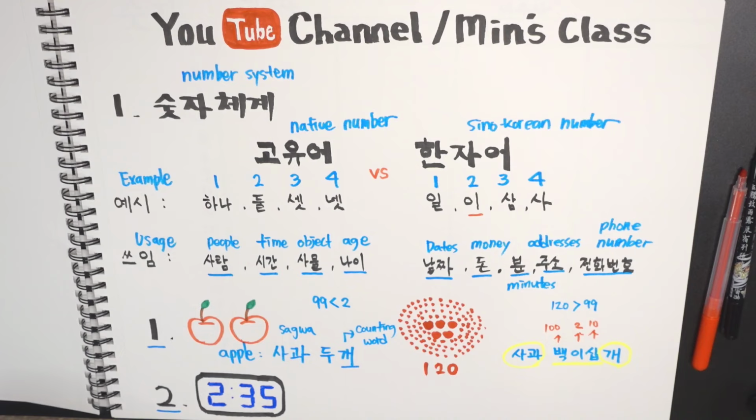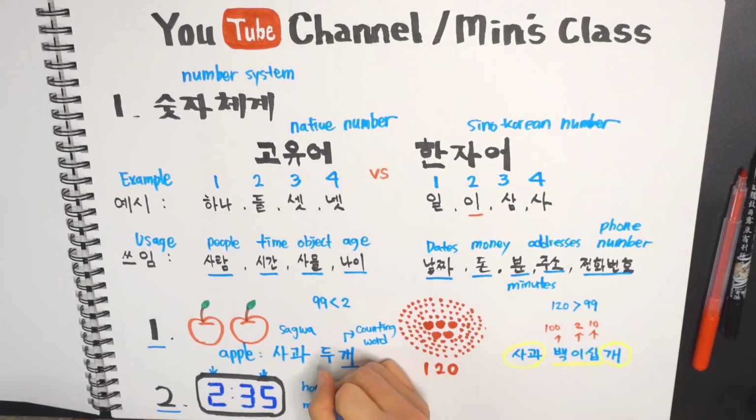So when we want to count time in Korean, we count the hour with native number system, and we count 분, which is the minute, with Sino number system. So hour, we use native. And for minute, we use Sino number system.